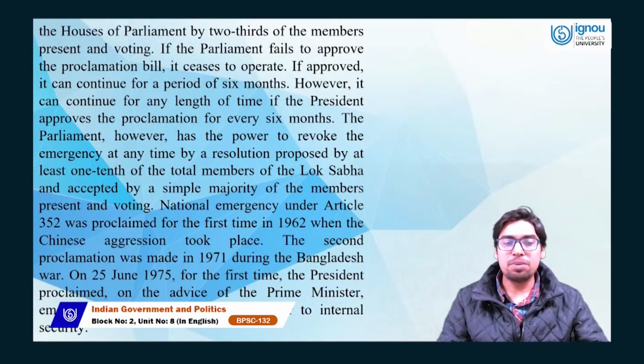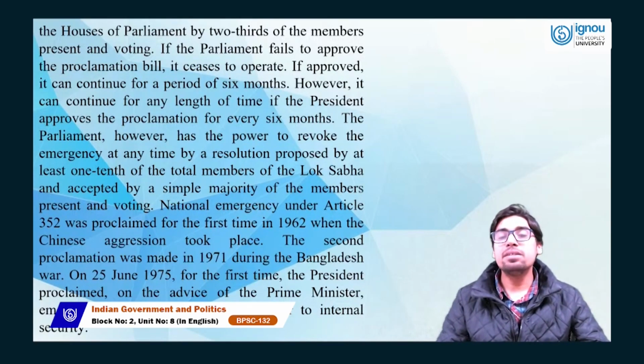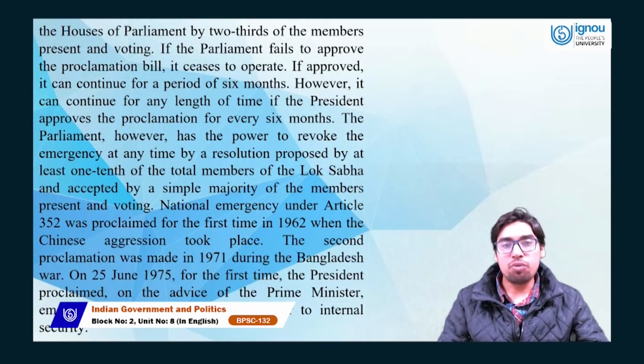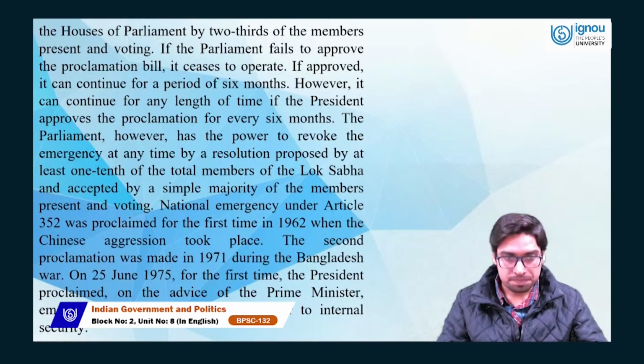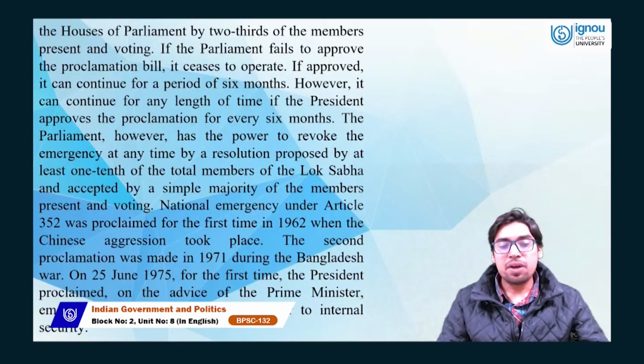The second proclamation was made in 1971 during the Bangladesh Liberation War. On 25 June 1975, the President proclaimed an emergency, on the advice of the Prime Minister, in the name of grave danger to internal security.